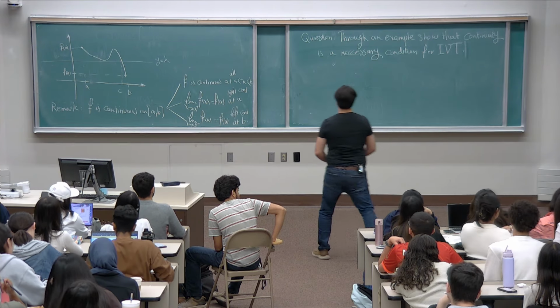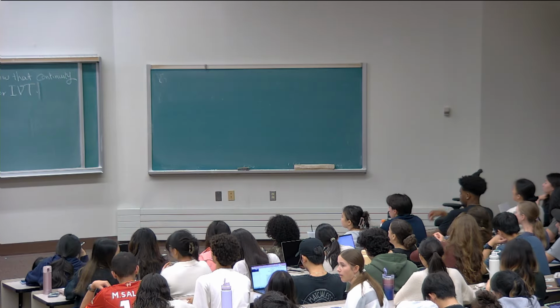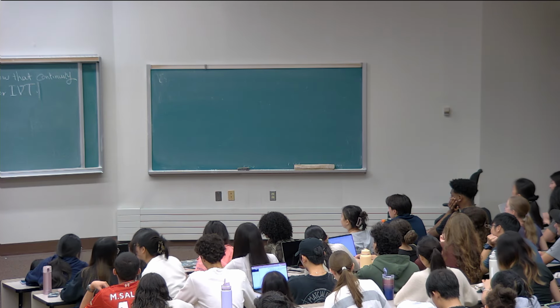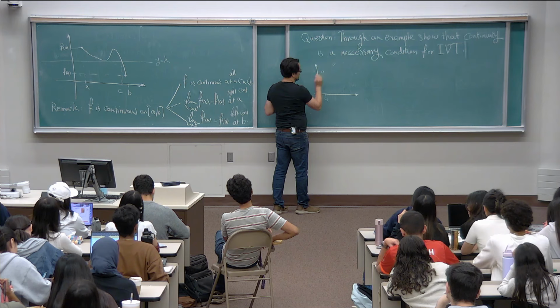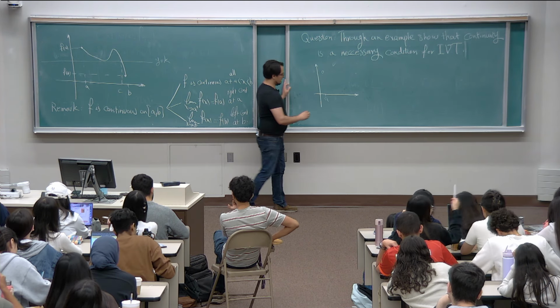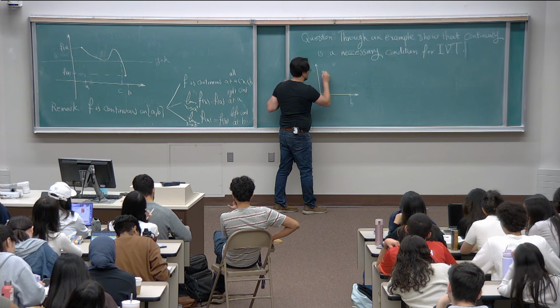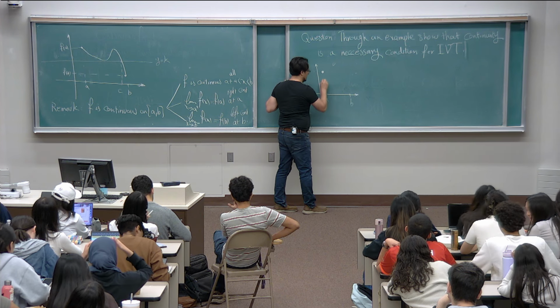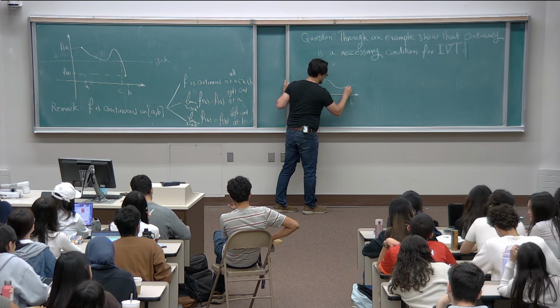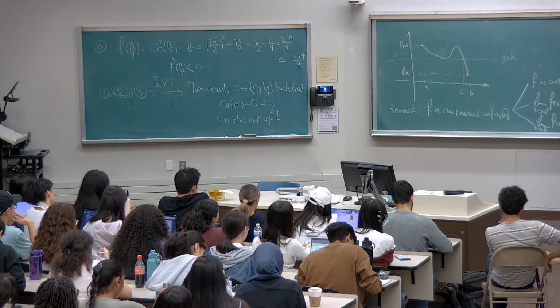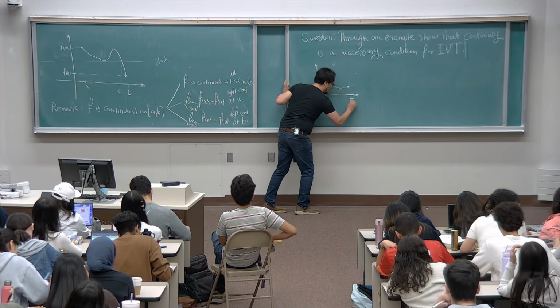Oh, I see. That's a good example. So I can start at A. I can put a hole there. And then at B, I can go like this. This is 1. This is 5.